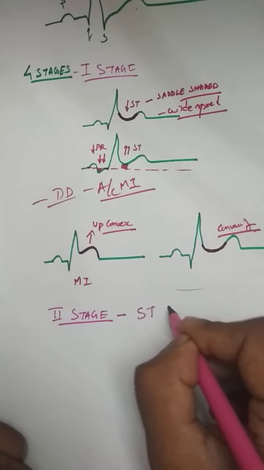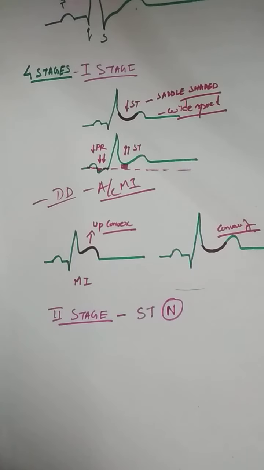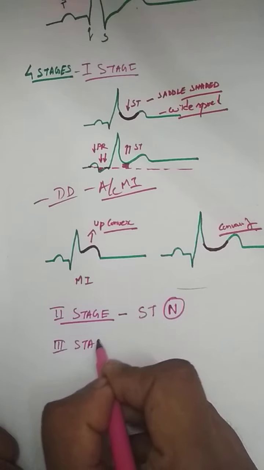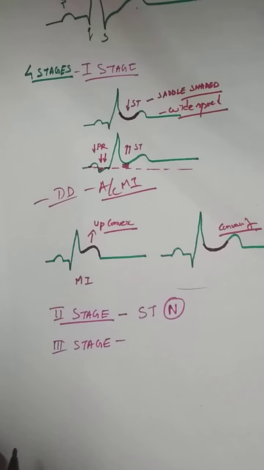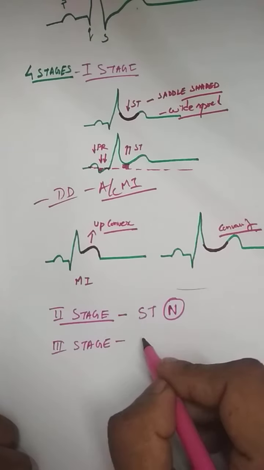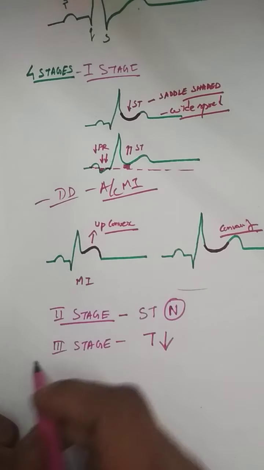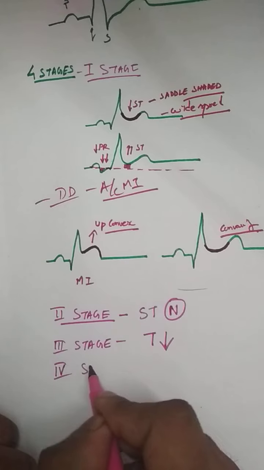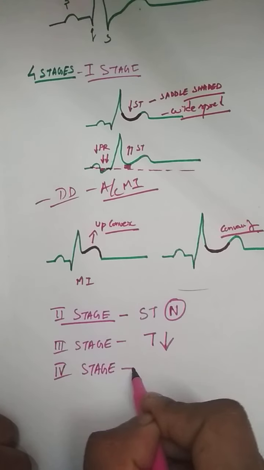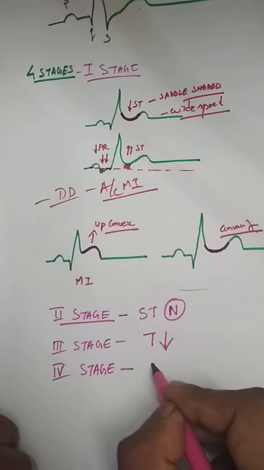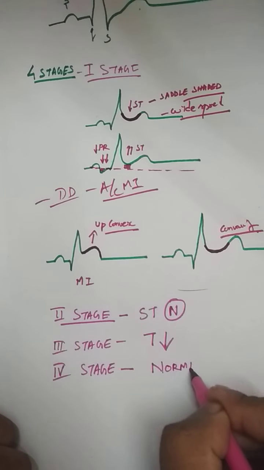In the third stage there would be T wave inversions, and in the fourth stage, which happens after weeks or months, the ECG will become totally normal.